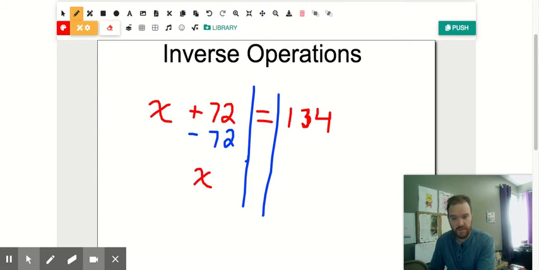But remember what we said. Whatever you do on one side, we still have to do on the other side. So I have to subtract 72 over here.